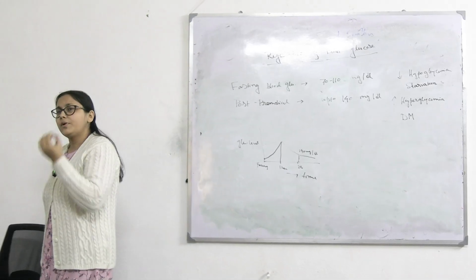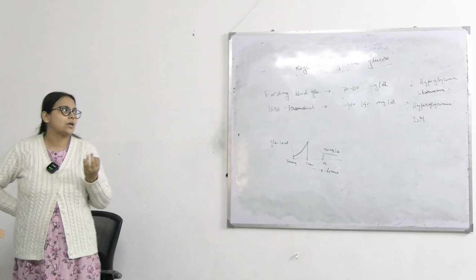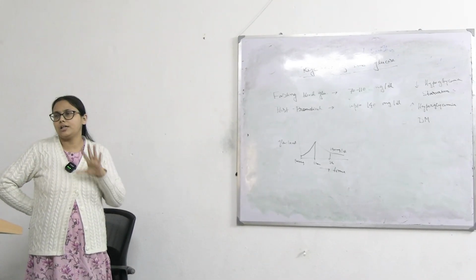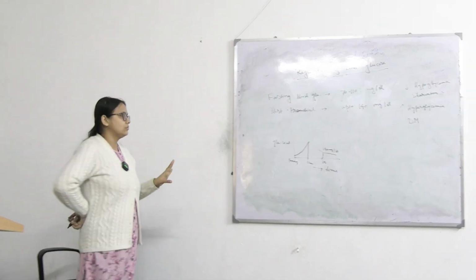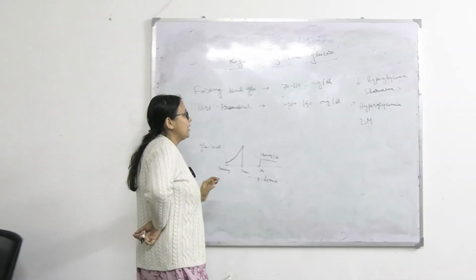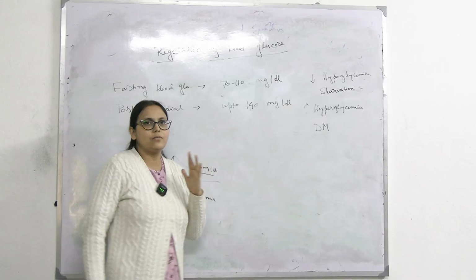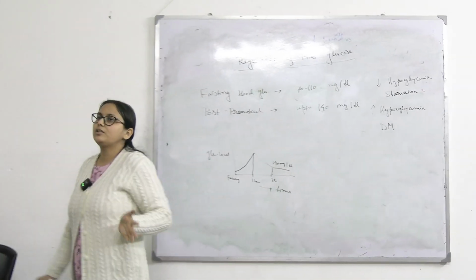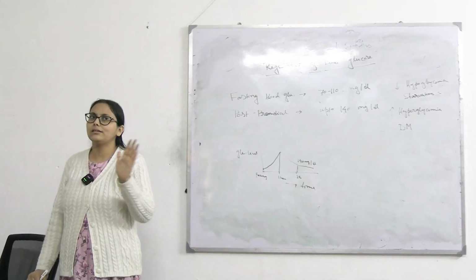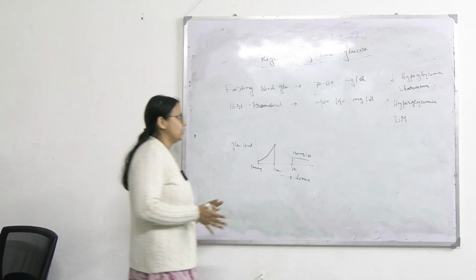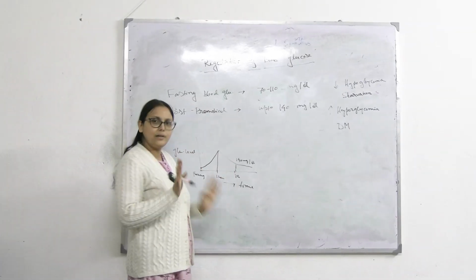In every microsecond, in every second, our brain needs ATP. Without ATP, it will not survive. Okay, so if there is deprivation of glucose, deprivation of ATP, then it may lead to coma, and sometimes it may lead to death. So hypoglycemia is very dangerous.